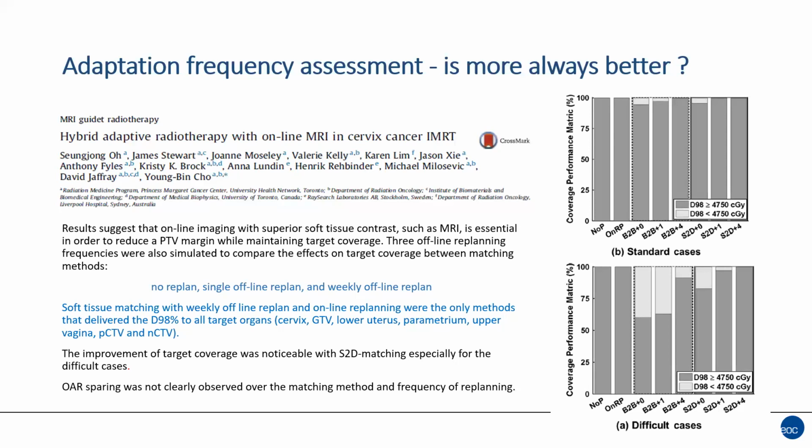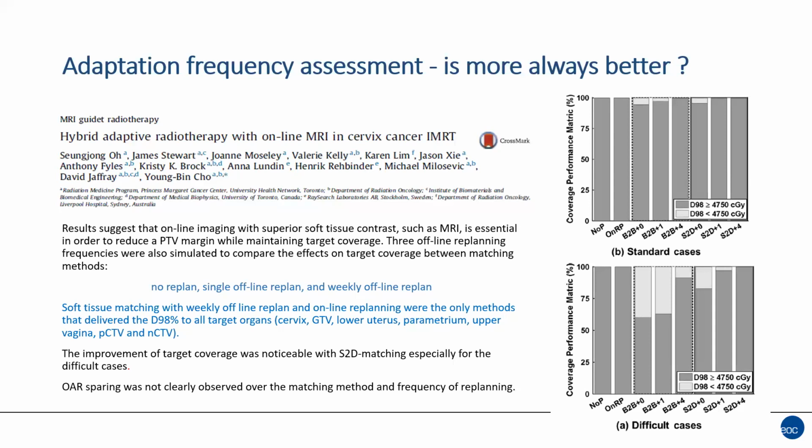So in this paper, they are comparing the online adaptation with offline adaptation with 3 different regimes: no replans, one replan, and weekly replan.